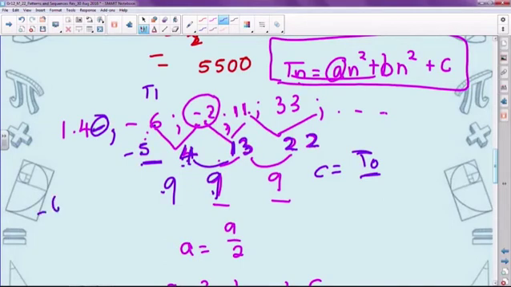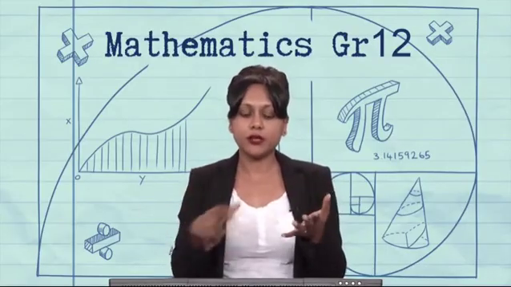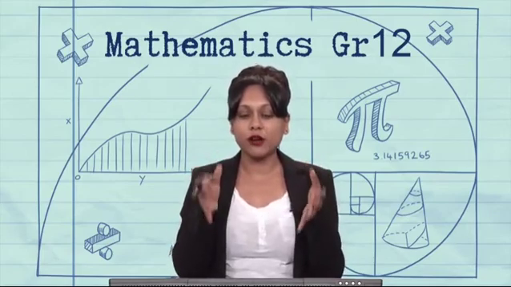So minus 6, so term 1, minus my first difference would give me minus 6 plus 5, which is minus 1. And that's how I would work out c. It's more of an intuitive method. It's very much quicker than doing the simultaneous method, but it really just depends on you which method you prefer to deal with.